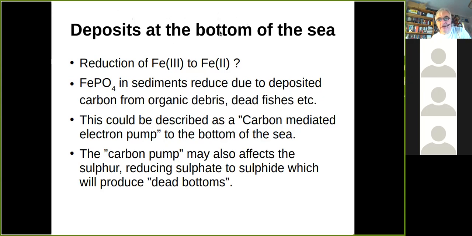Let's see if we can make a... I mean, carbon plus... goes to carbon dioxide plus 4 electrons. This is an oxidation.